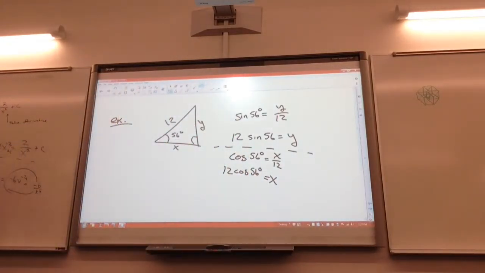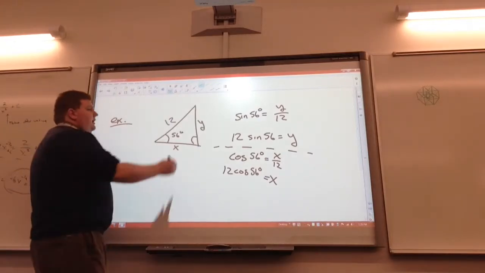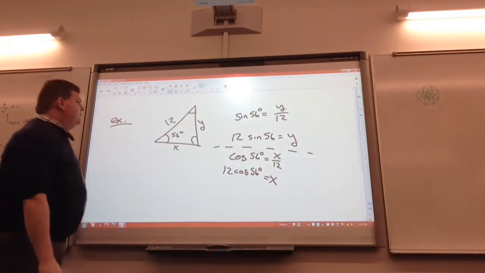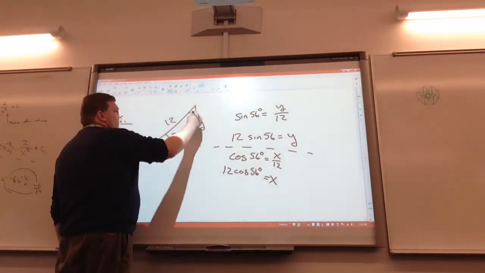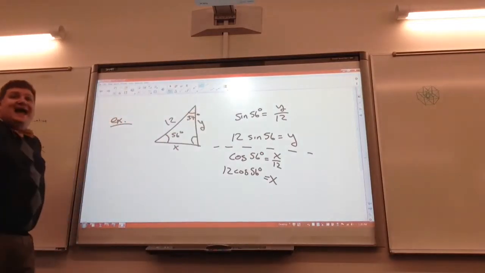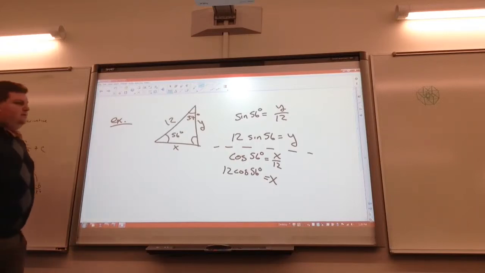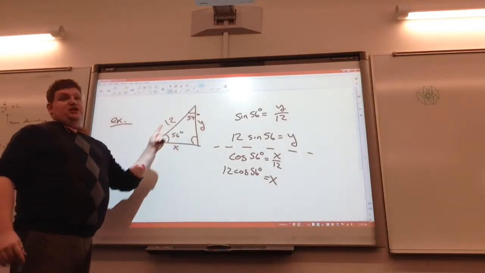You have a question? If you change the angle that you use for theta, do the ratios change as well? The ratios would flip. So basically, if I made this one up here my angle theta instead, that's going to be a 34-degree angle. If I made that my angle theta instead, then x and y would flip positions, basically.